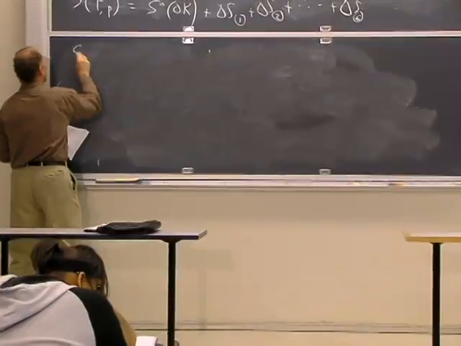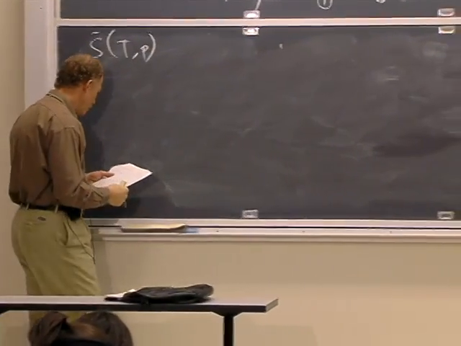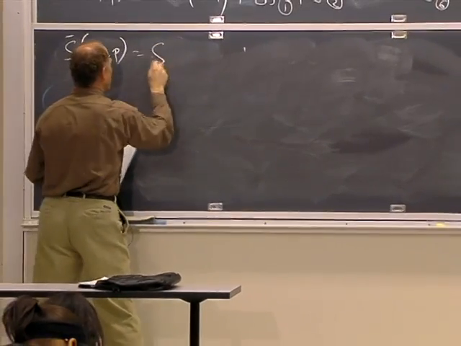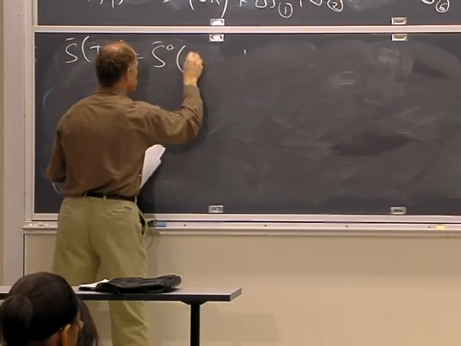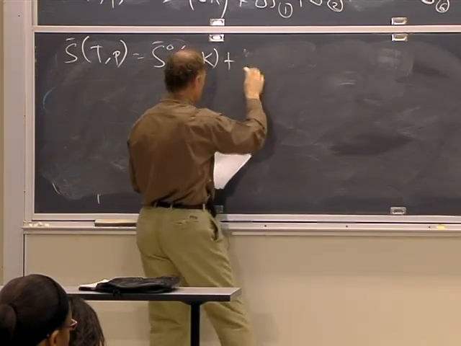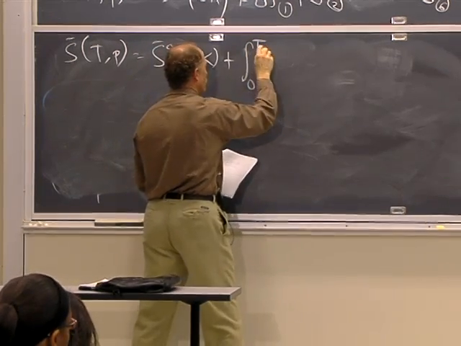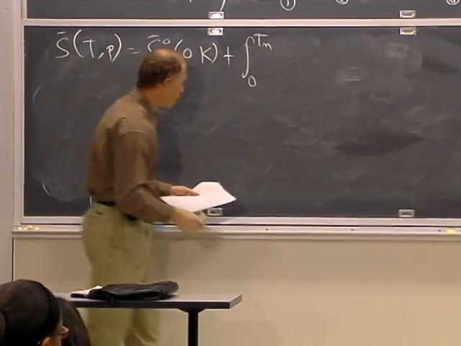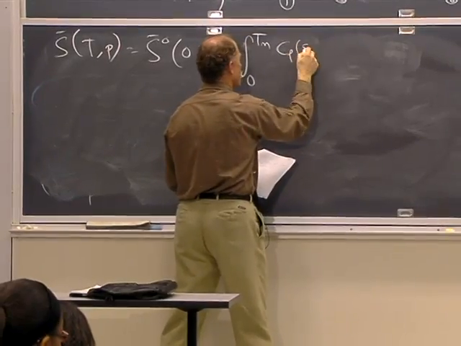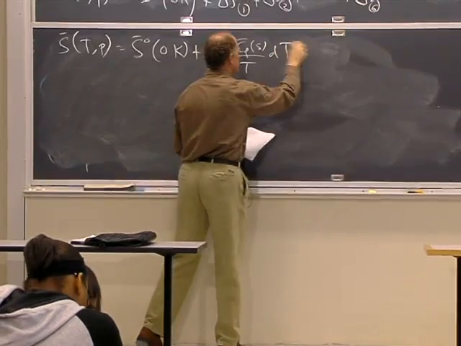Well, so we can do that. S of the material at T and P is S naught at 0 Kelvin plus, here's process 1, we heat it up from 0 Kelvin up to the melting point: the integral of Cp of the solid, molar heat capacity, divided by T dT.